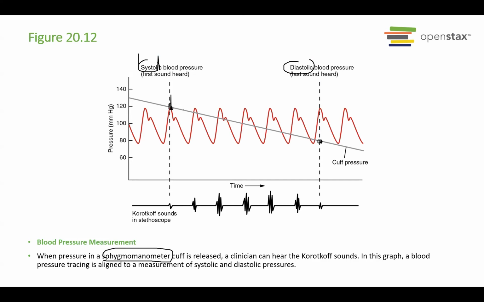Usually systole is higher than diastole because systole means contraction and diastole means relaxation. So the pressure during contraction will be a lot higher compared to during relaxation. Normally it gives around 120 systole and 80 diastole.